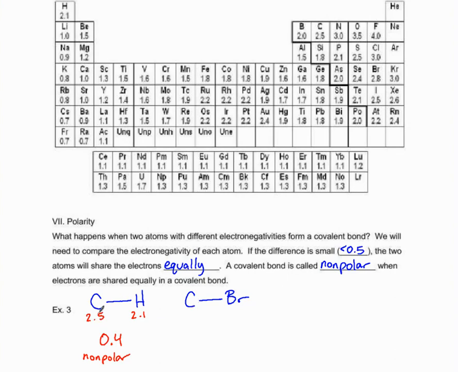We already looked up carbon, and it had a value of 2.5. And then we find bromine. Bromine is here and has a value of 2.8. And the difference between these two numbers is 0.3. And that is less than 0.5, which means that this particular covalent bond is nonpolar.